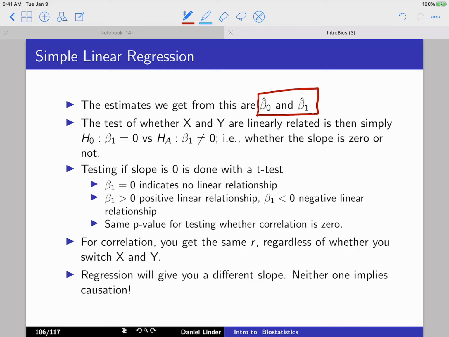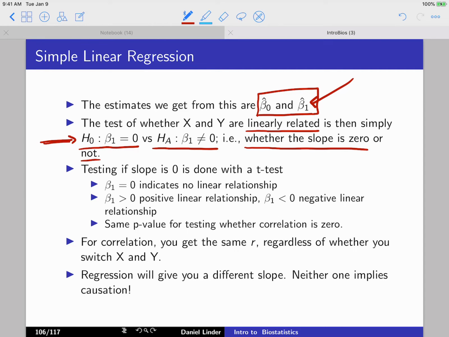Once we have those estimates, specifically beta 1 hat, we can carry out a test for whether or not beta 1 is equal to 0, that would be the null, versus an alternative that it's not equal to 0. If we were to reject H0 for a linear regression, then we would be saying that X and Y are linearly related. So we would be testing whether the slope is 0 or not.